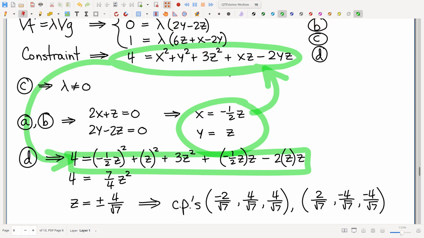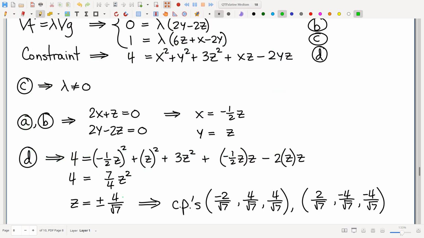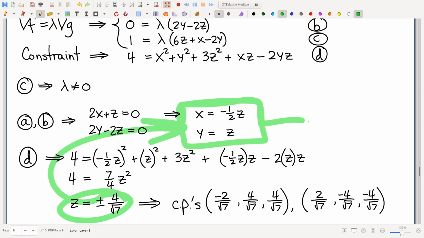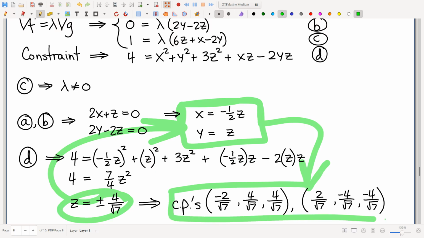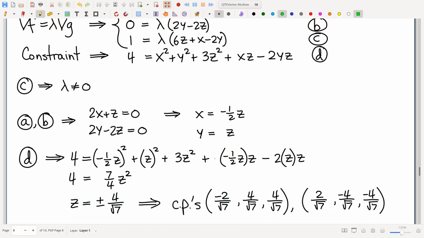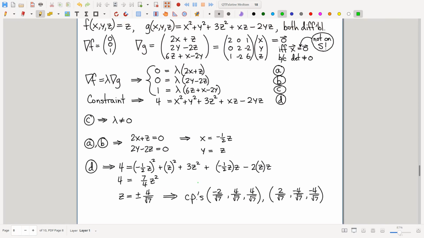And once you know z, that allows you to solve for x and y, and that gives you your critical points. So the algebra is usually pretty quick after you can solve for some of the variables in terms of the others. The algebra on these kinds of examples is a little different with every example.